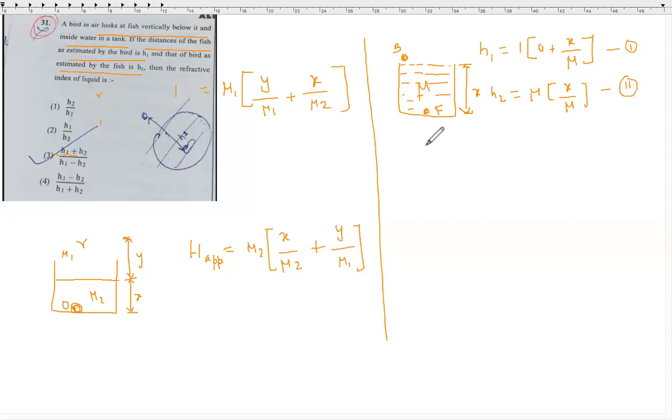So using 1 and 2, if we divide 1 by 2, then we will get h1 by h2 is equal to, this mu and mu get cancelled out, x and x get cancelled out, so this will remain 1 by mu. This implies mu is equal to h2 by h1. This will be our answer.